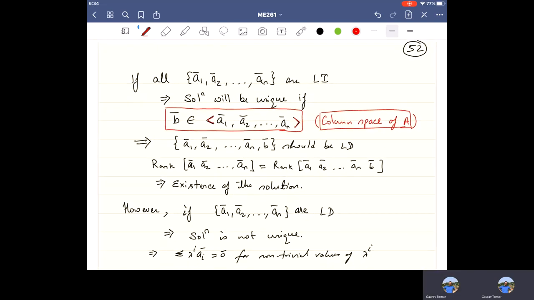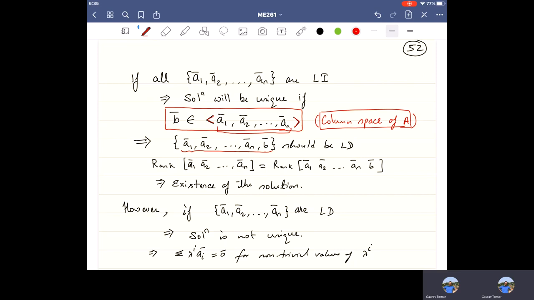And if they are linearly independent, then the solution would be unique. In another way, we are saying that if we add b to this set of vectors, then they should be linearly dependent. And at some places you would see this written as: rank of A has to be equal to the rank of the augmented matrix, the matrix which has been augmented by adding another column b to the matrix.